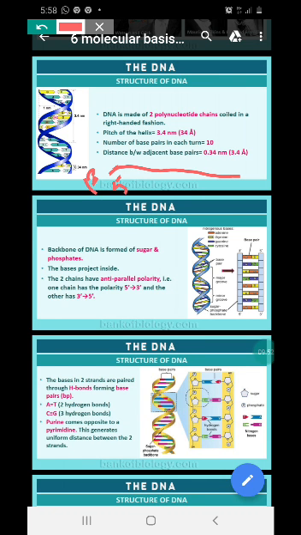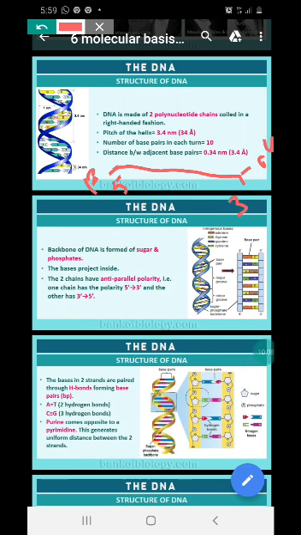And what is at the other end? There is an OH molecule at the third position.